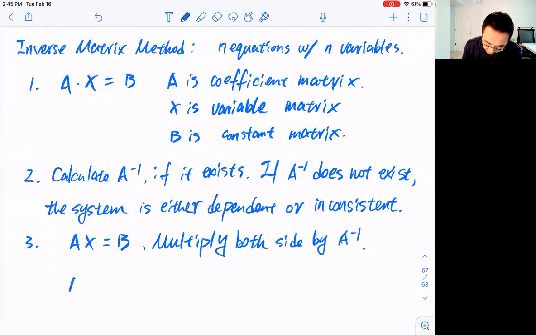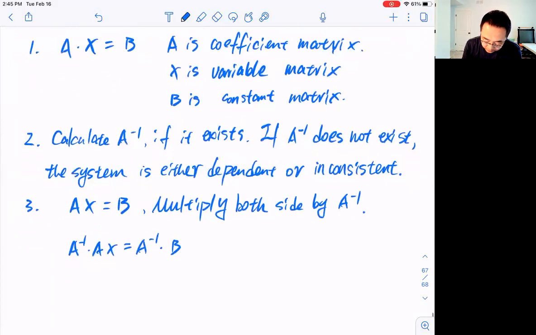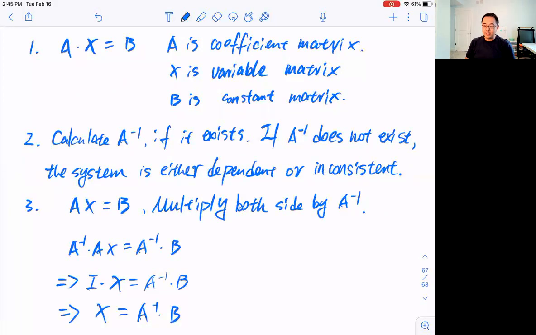Then you get A inverse times AX equals A inverse times B. And remember, A inverse times A is just I, so I times X equals A inverse times B. And I times X is just X itself, so X equals A inverse times B. Because I is the one in the matrix world, right?